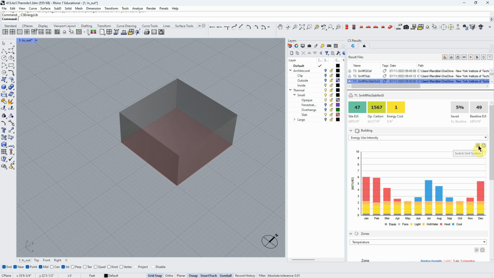First, remember we can switch from IP, inch-pound, to the metric system, SI units, System International. I don't know if you've had classes with me. I'm sure I've shown it to you. It's kind of funny. The IP system is the United States, Myanmar, and Liberia, I think, are the only countries that still use it. The rest of the world uses the metric system.